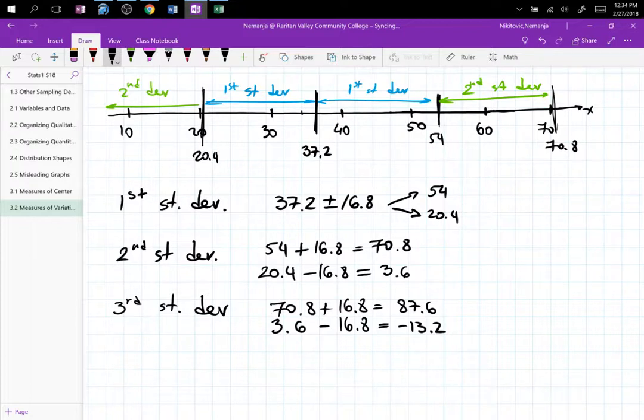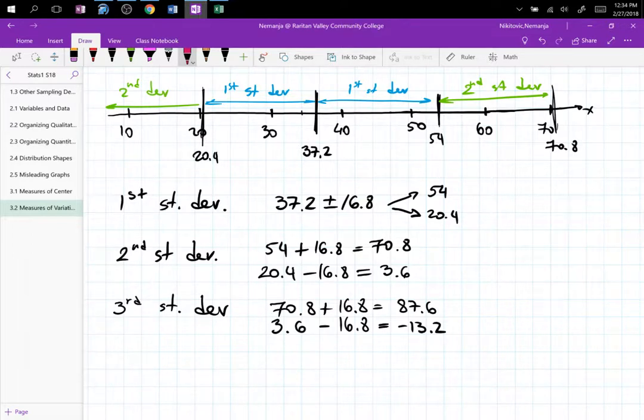All right, so that's that part. And now that you've seen the standard deviation, we said that larger variation brings larger standard deviation. And that's the way we understand this thing.